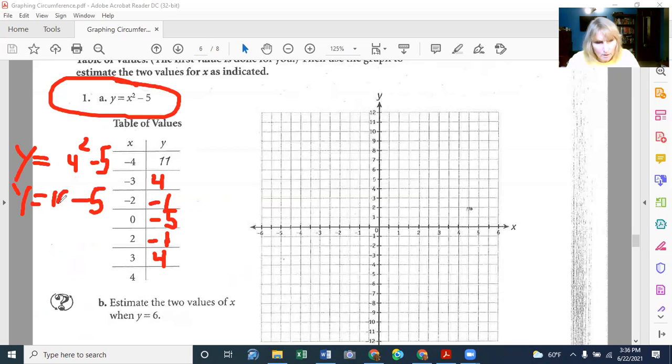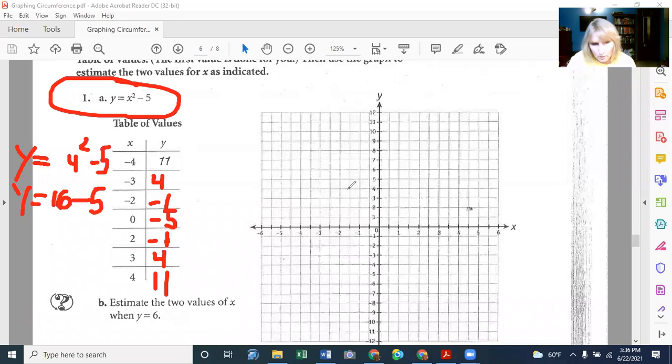So 16 minus 5 is 11. Notice how we have 2 values of 11, the first one and the last one. We have 2 values of 4. We have 2 values of -1. That's what happens with a parabola. You'll get 2 x values for every y. Not every y, but probably.